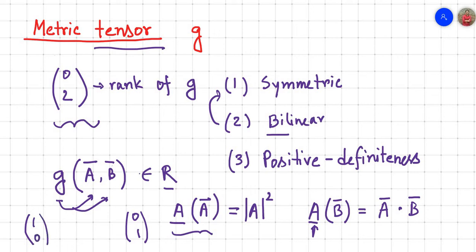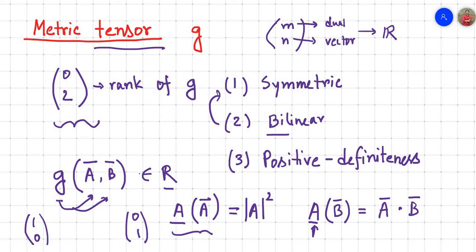That means vectors can eat up a dual vector and spit out a number. So if we have, for example, a rank m,n tensor, that means that tensor can eat m dual vectors and n vectors, and then it can spit out a number.